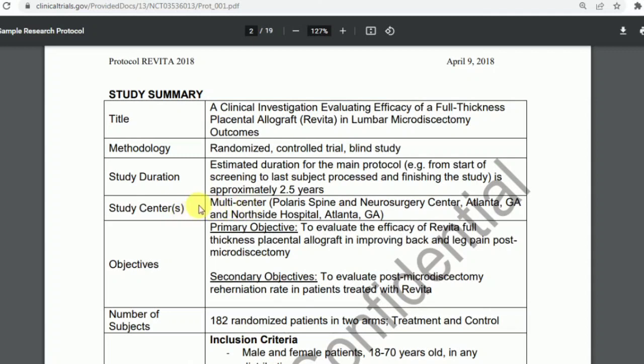This protocol is designed for a multi-center study. It will be conducted in the USA, Europe, India, Spain, Japan, Russia. These globally conducted studies are known as multi-center studies. Objectives.